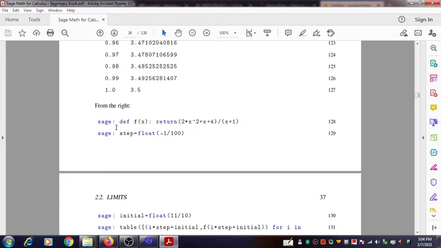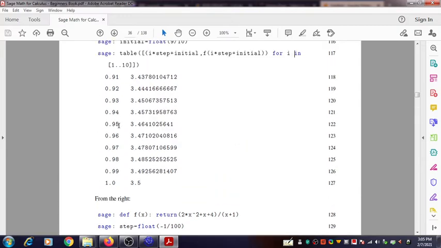There are changes at two places, and these changes are given here to consider the points on the right side of the fixed point x equal to 1.